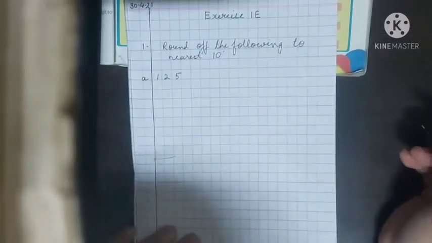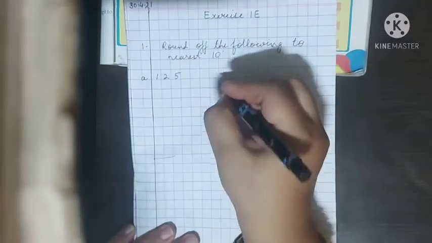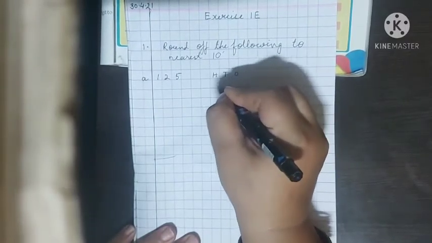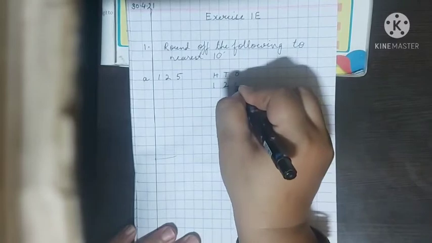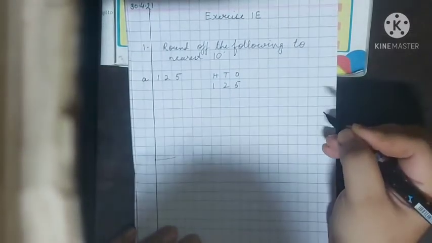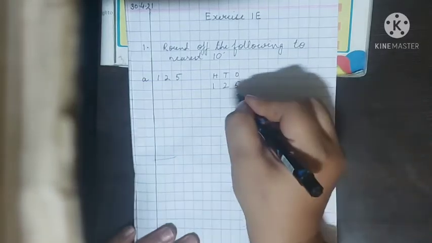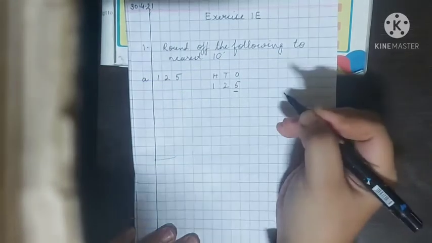The first one is 125. In 125, first you will write the place value like this: H T O. Now what is the first step? You will see the number at ones place. So what is the number at ones place? That is 5.